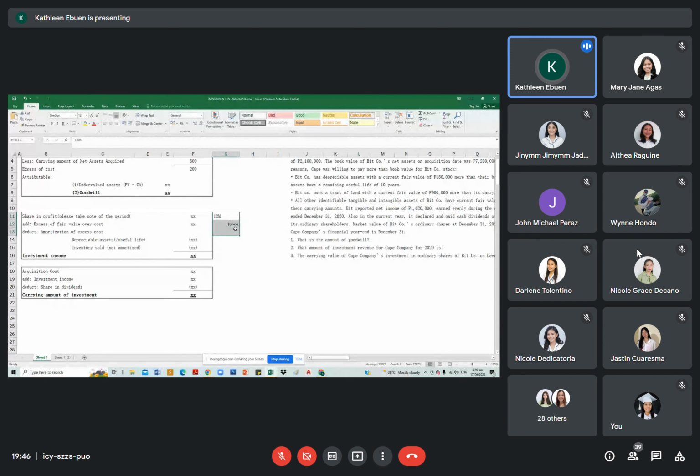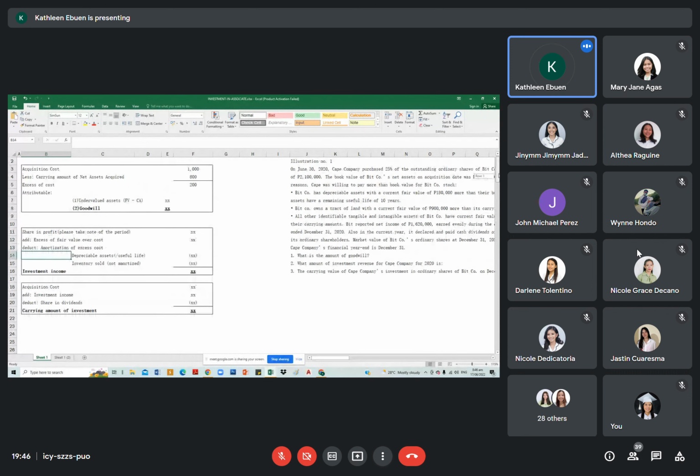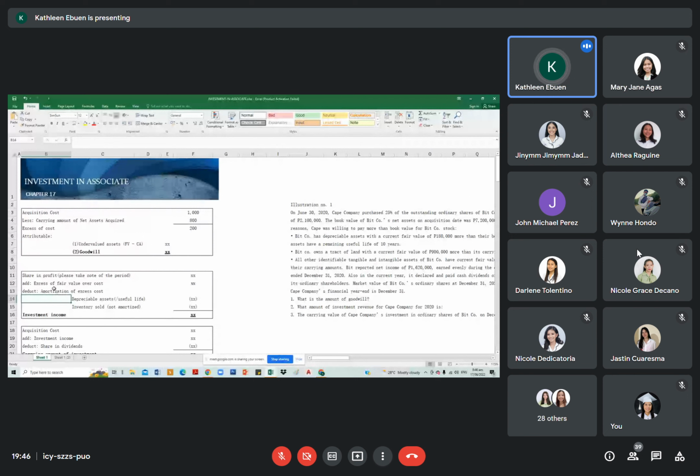Okay, and then, no, we will add the excess of fair value over cost. No? Add the excess of fair value over cost. So, ma'am, paano po ba yan? Dito, class, pag mas mataas naman yung carrying amount ng binili natin kesa dun sa cost, no? For example, binili natin siya for only 1,000.